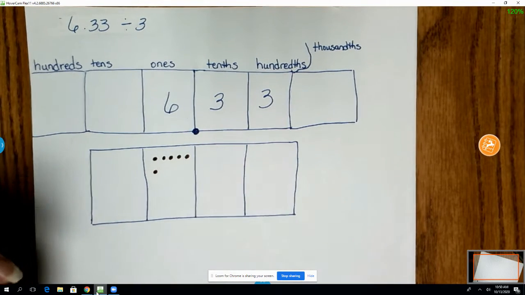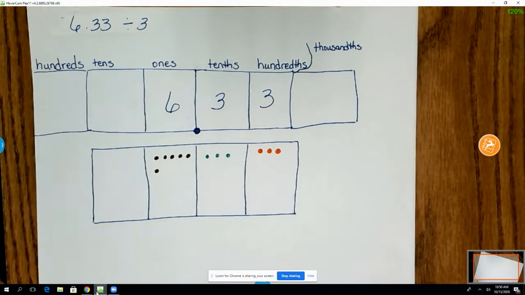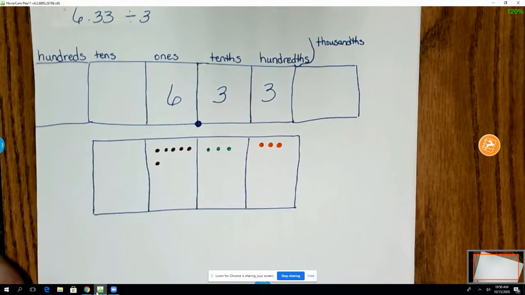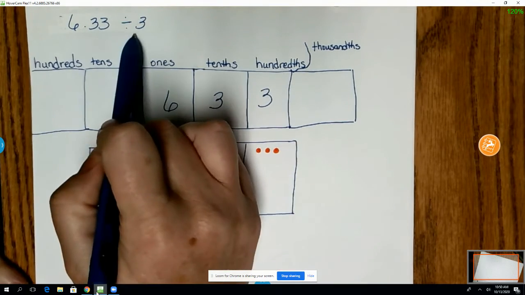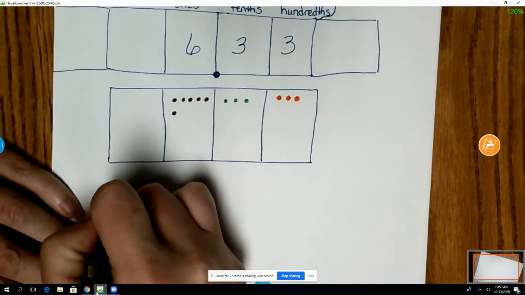So I have 6 ones, and I'm using different colors. You do not have to use different colors. Then they're going to ask you to show different groups. In this case, we're dividing by 3, so I need to make 3 groups.